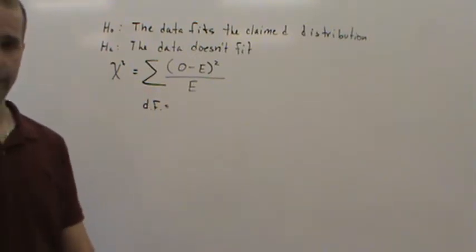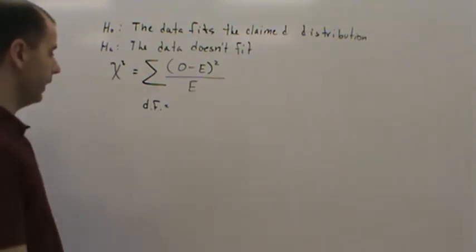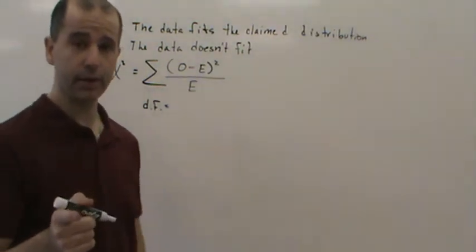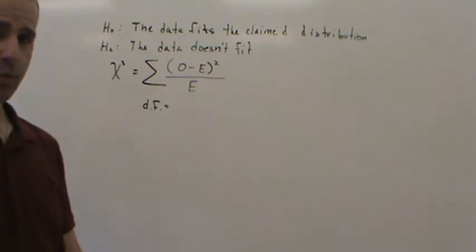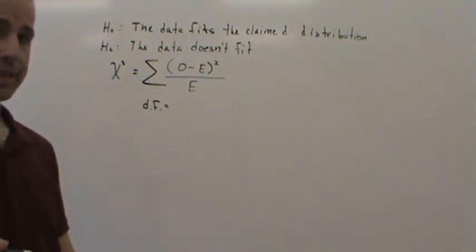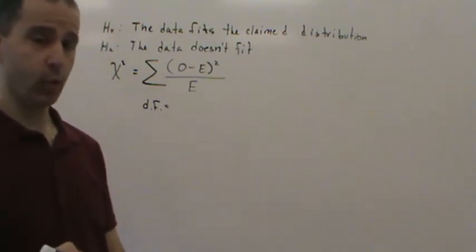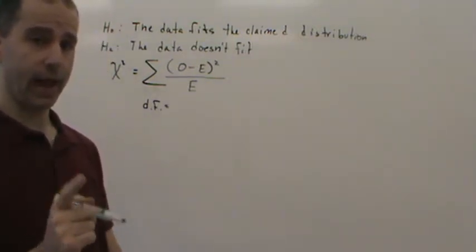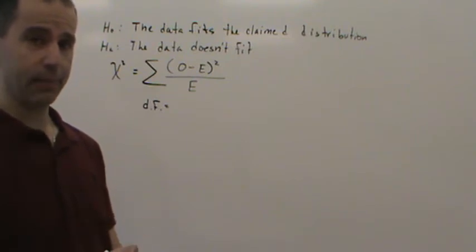Anyway, in this case the degrees of freedom is equal to the number of categories minus 1. So in the chi-squared goodness of fit test, realize that the degrees of freedom, which we normally would think is n minus 1, is not n minus 1 in this case.